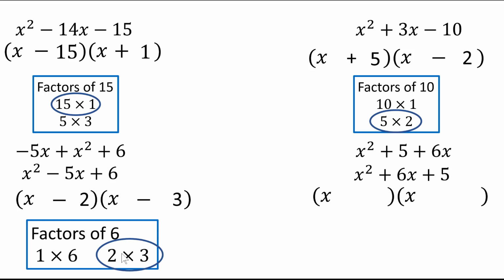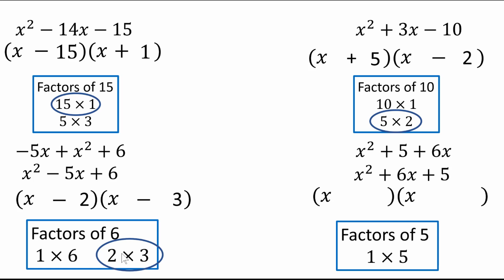Well, there's only one pair of factors for 5, so it's easy to put them in because it's 1 and 5. There's no other choice. There are no other two numbers you can multiply together to get 5. All right, and since the 6x is a positive 6x, both of these are going to be positive. 1x plus 5x is 6x.